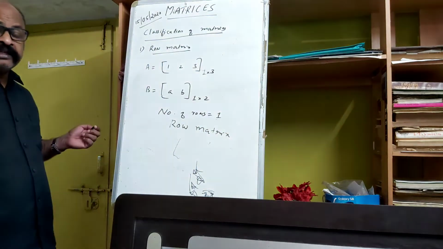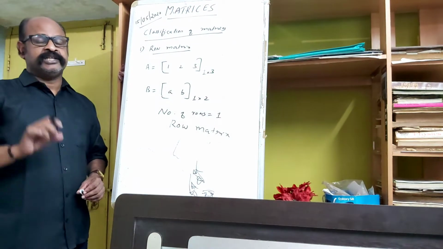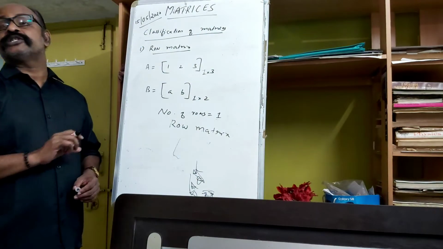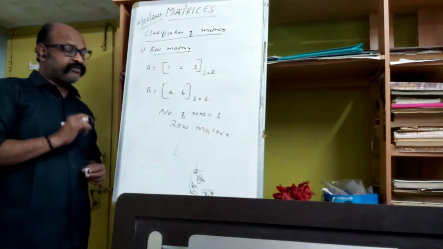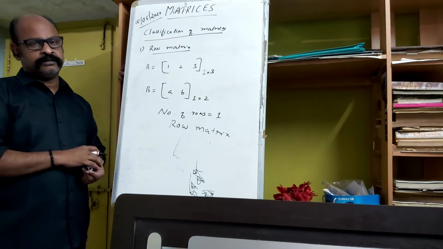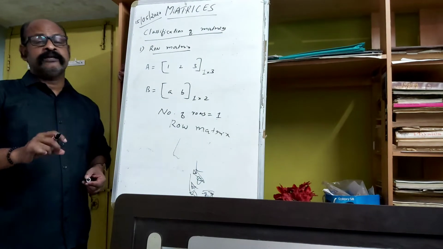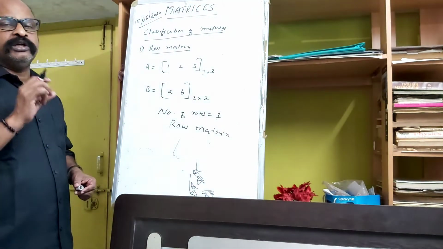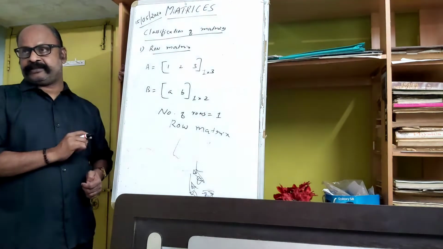Instead of having any number of rows, we are restricting the number of rows to only one, and such a matrix is known as a row matrix. So what is the definition? Simply, what is meant by a row matrix? A row matrix is a matrix having only one row.